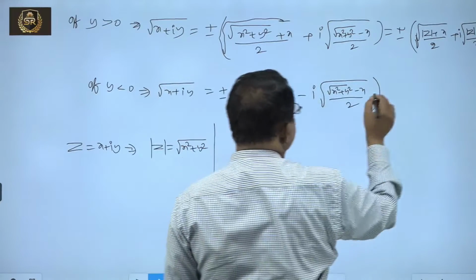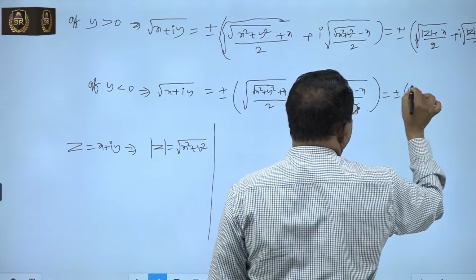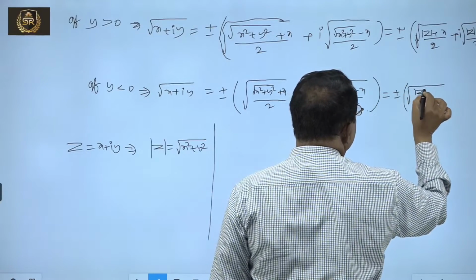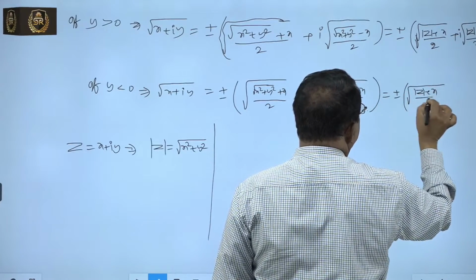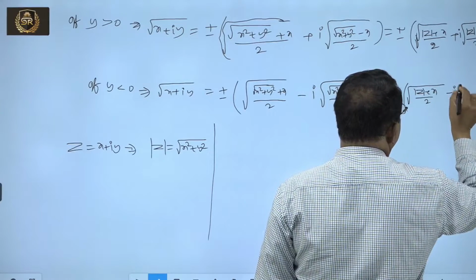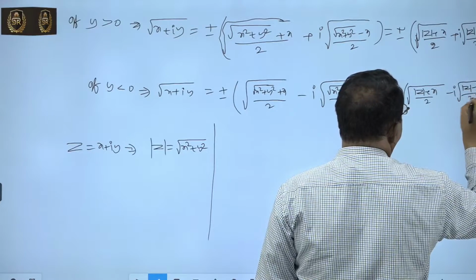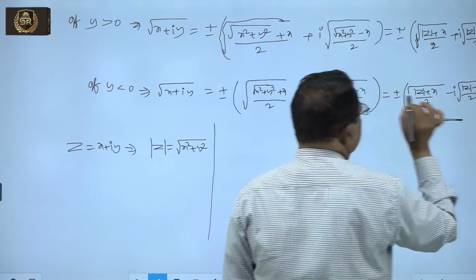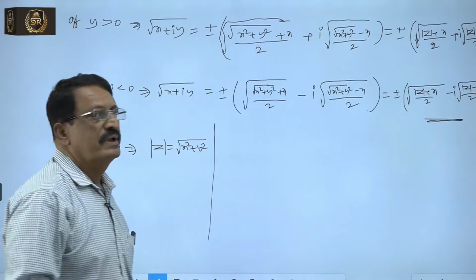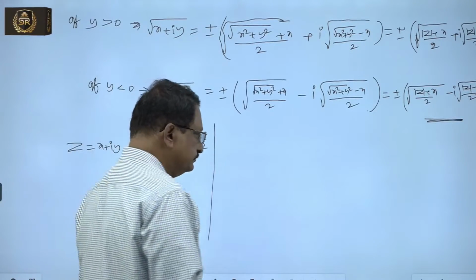Similarly, for y less than 0, it equals plus or minus square root of (mod z plus x) by 2 minus i into square root of (mod z minus x) by 2. Okay, now that is the square root of any complex number.